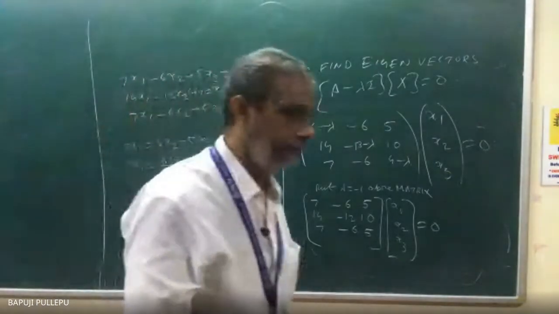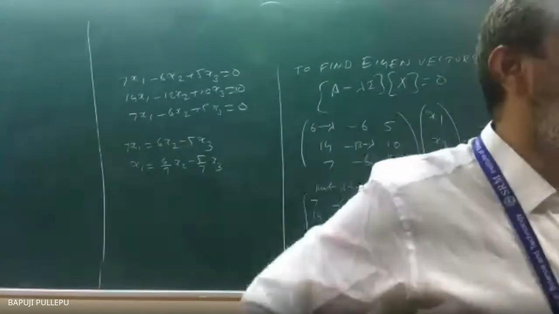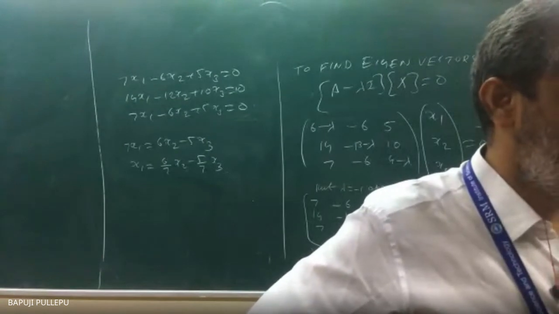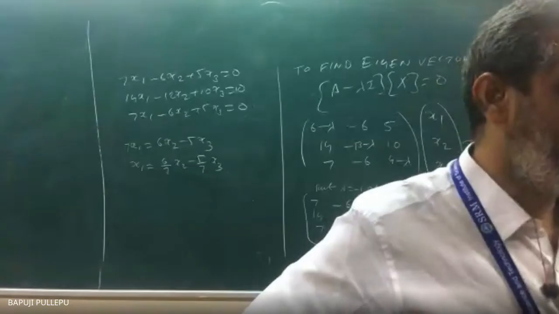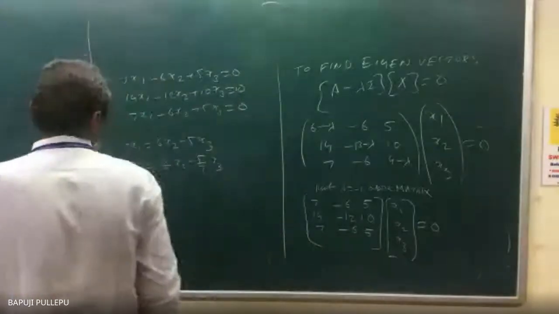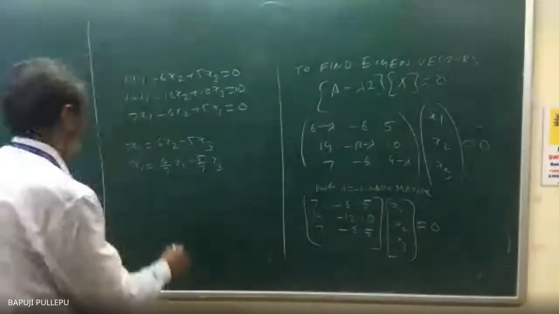Are you agree? Now only the story will start, because here how many eigenvectors do I want to find out? Sir, 3. But the 3 eigenvalues are the same, only one fellow. Now what you will do? Put x2 is equal to k1, x3 is equal to k2.